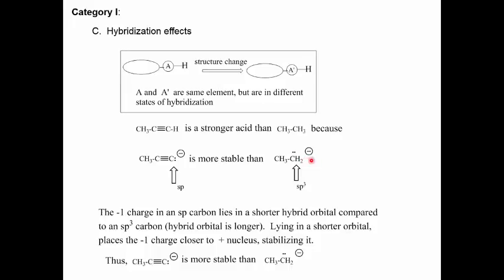It's farther away from the positive nucleus and thus will be less stable. Because the alkyne conjugate base is more stable than the conjugate base from the alkane, the alkyne, the propyne, will be a stronger acid than the ethane.